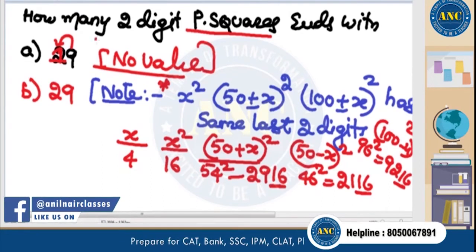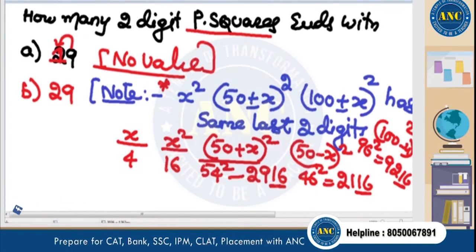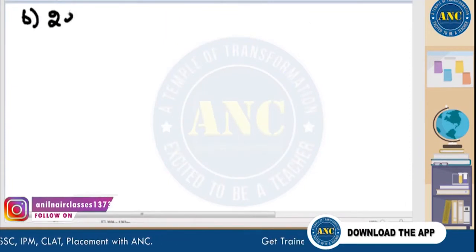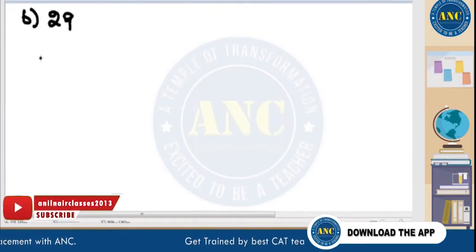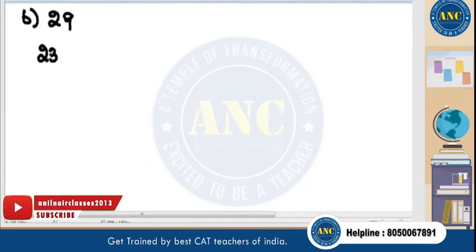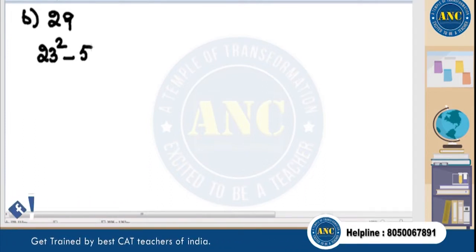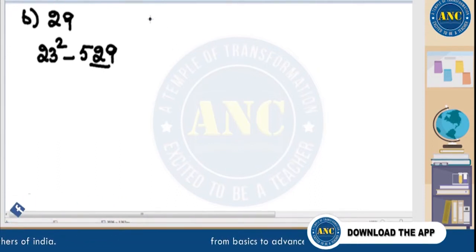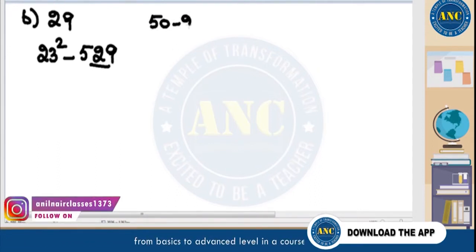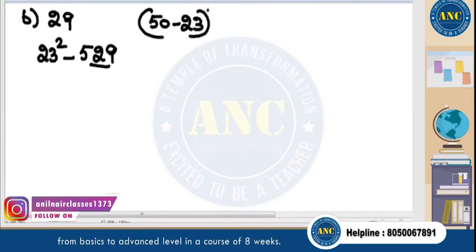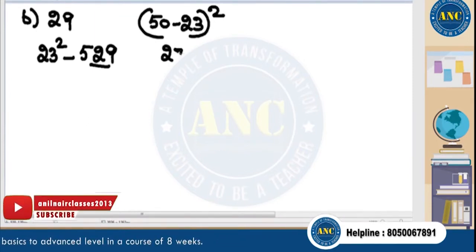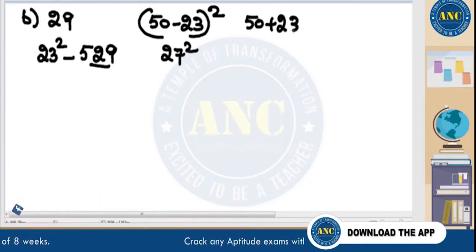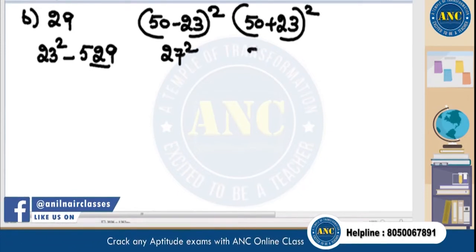Now, this is the logic. Now see here. How many 2-digit perfect squares end with 29? What is the smallest number which on squaring ends with 29? 23 square is 529. The next number will be 50 minus 23, which is 27 square. The next number will be 50 plus 23, which is 73 square.